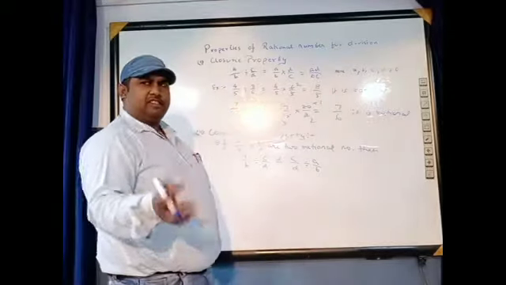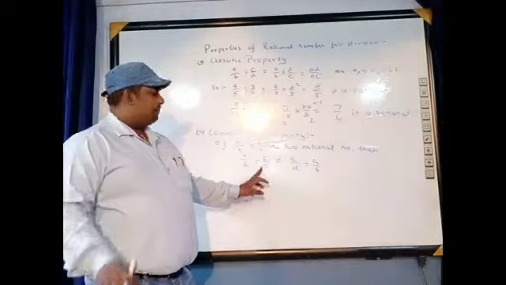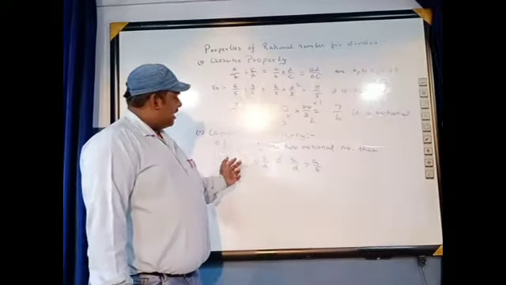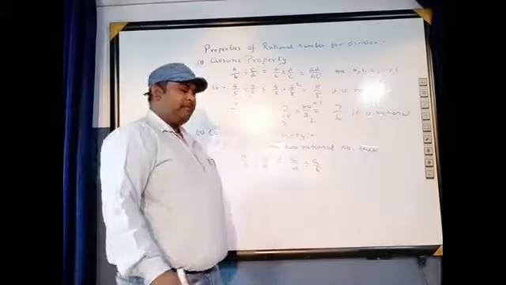In some cases it may be, but that is exceptional. Generally we will get a by b divided by c by d not equal to c by d divided by a by b.